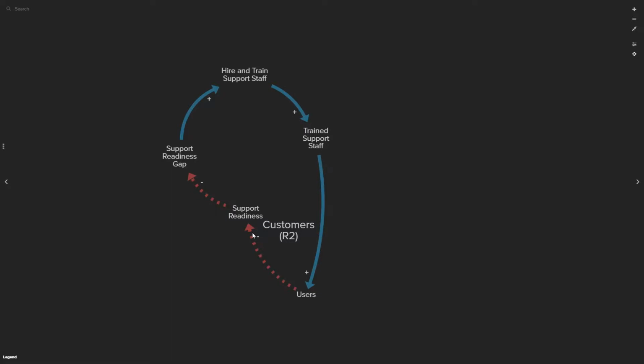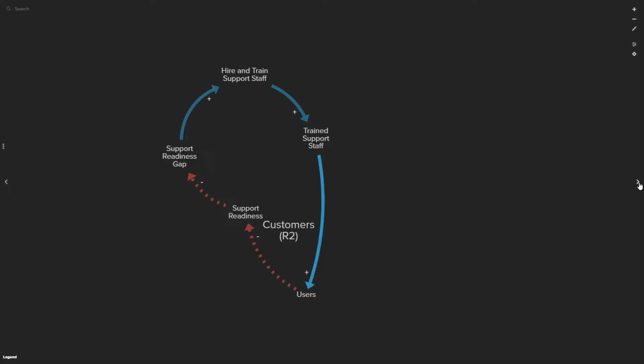If the number is 0 or even, it's a reinforcing structure, and if it's odd, it's a balancing structure. So this is a virtuous reinforcing structure in terms of the company itself, but it's a negative reinforcing structure in terms of support, because it simply continues to make their life miserable on an ongoing basis.